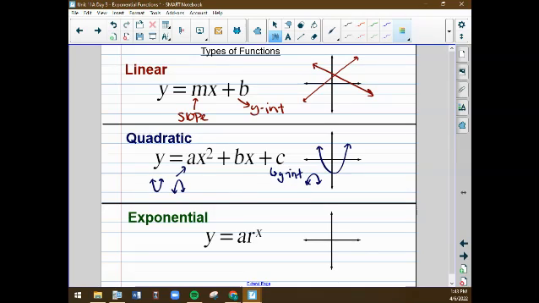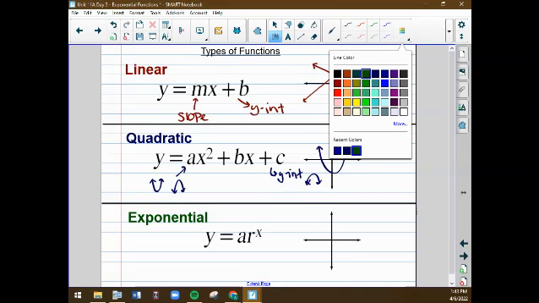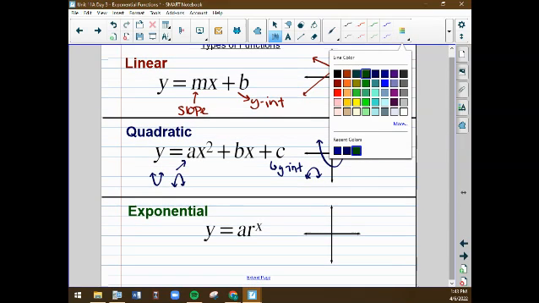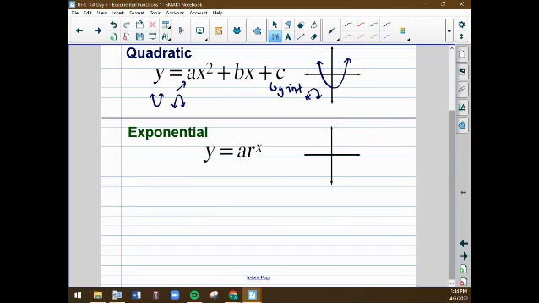Okay? Lastly, the one we're going to talk about for all of Unit 11 is exponential functions, okay? Exponential functions are really interesting. I've got x in the exponent, so that you think exponential, x is in the exponent. And graphs are going to look different. We may see some graphs like this.